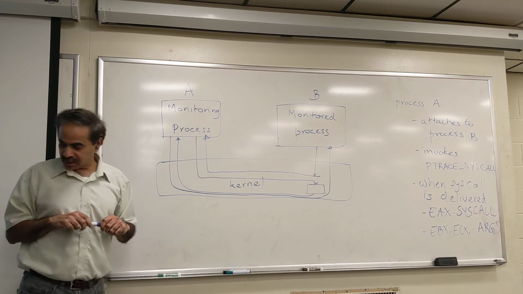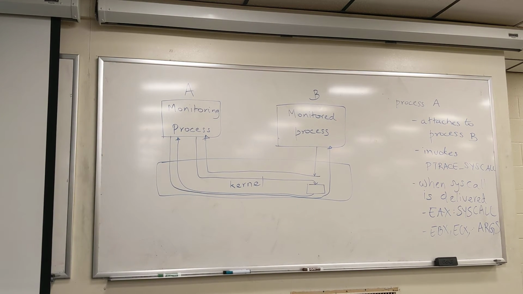And so there are all these overheads that exist. But the way things work is that once there is a mechanism in the operating system, it was designed for one purpose, but people use it for other purposes as well.